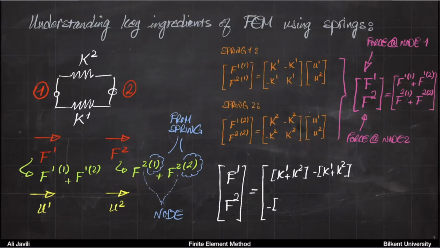Again, here you would have minus K1 plus K2. And then here would be K1 plus K2. And now this is U1 and U2.